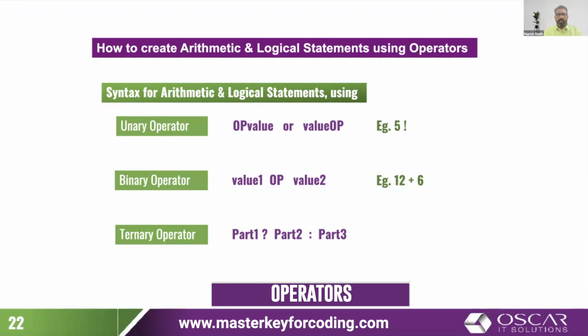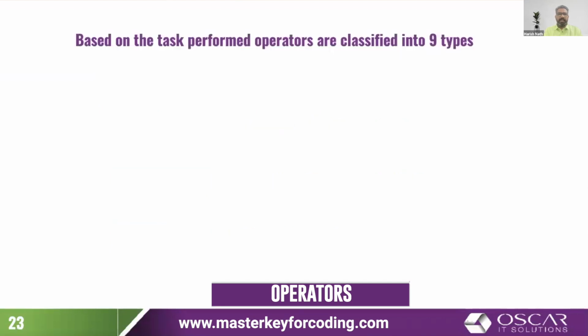Now, based upon the task performed, operators are classified into 9 types. What are these 9? We'll start working on them one after the other in the next video. But first, we will work only with one operator and then go ahead with further statements, so that our approach gives you a clear idea of how we give instructions to the system and how the system delivers what's expected.